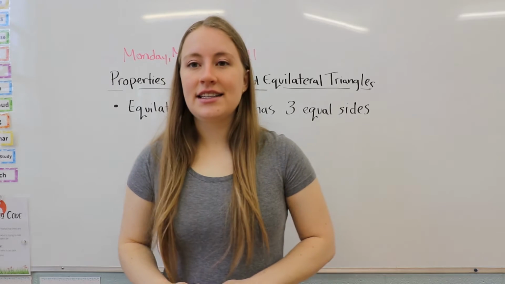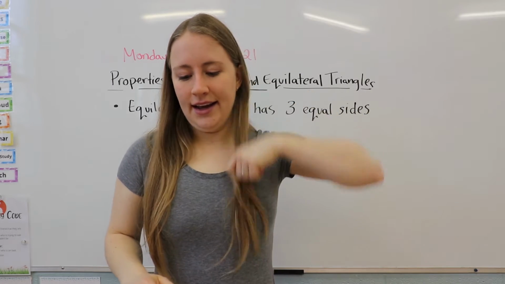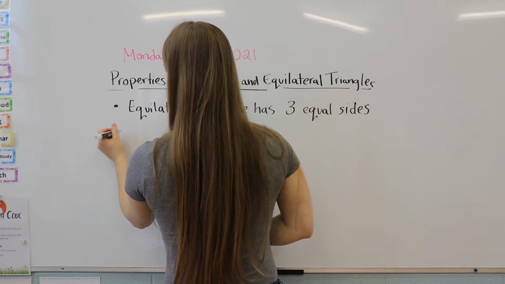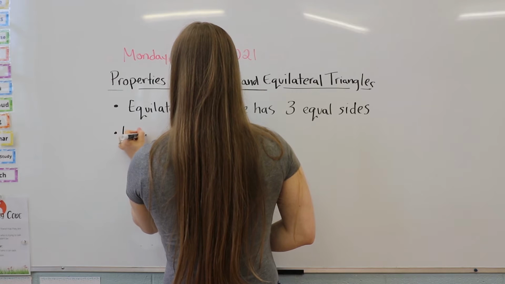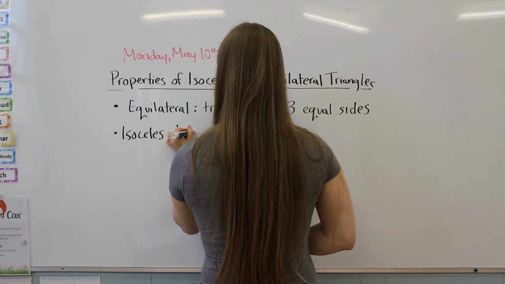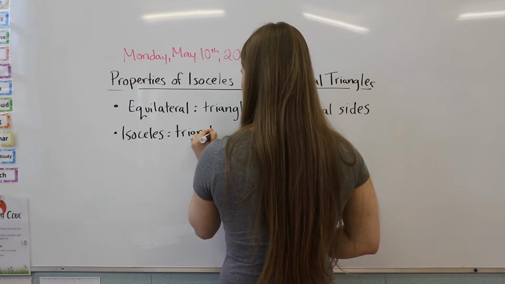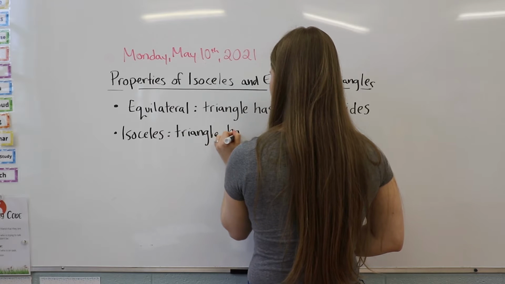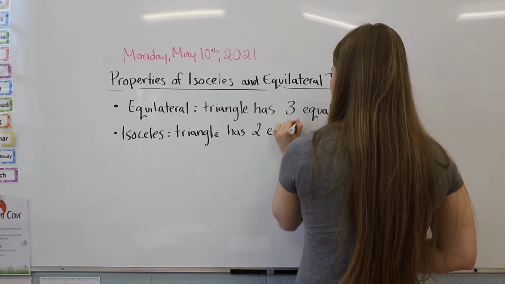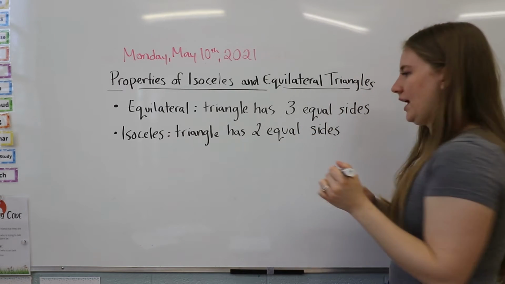Okay, and next, a triangle with just two equal sides is called an isosceles triangle. So isosceles is a triangle that has two equal sides, okay?